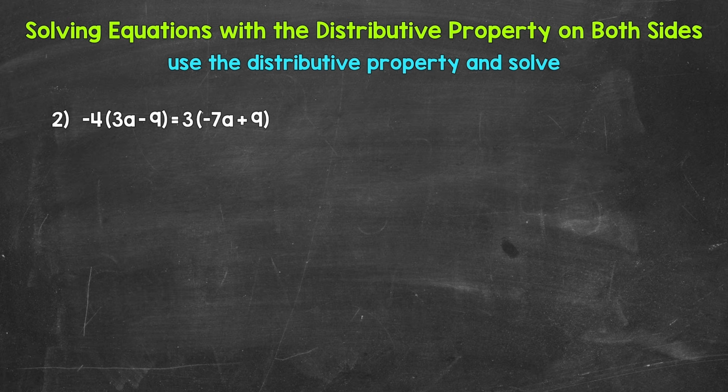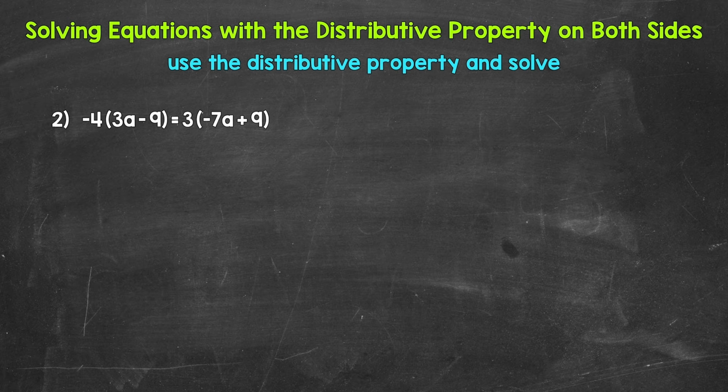Let's jump into number 2 here, where we have -4 and then in parentheses 3a minus 9 end parentheses equals 3 and then in parentheses -7a plus 9 end parentheses. Let's start by using the distributive property to remove the parentheses.